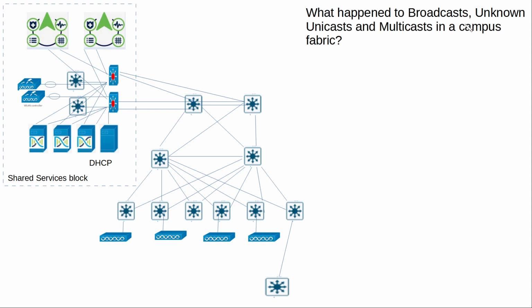What happens to broadcast, non-unicast, and multicast in a campus fabric? Remember that in traditional networks, we have broadcast, non-unicast, and multicast that layer 2 switches used to flood over complete VLANs. In the fabric, we are simply not flooding them.